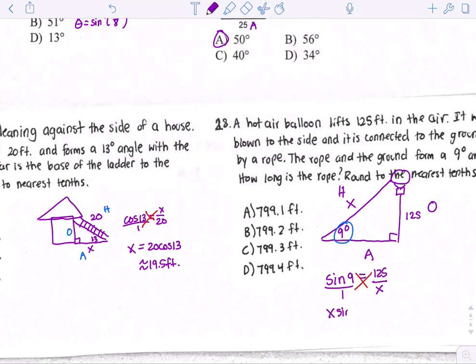X sine of 9 is equal to 125. Divide both by sine of 9. So x is going to equal 125 divided by sine of 9. So x is roughly 799.1 feet, which is A.